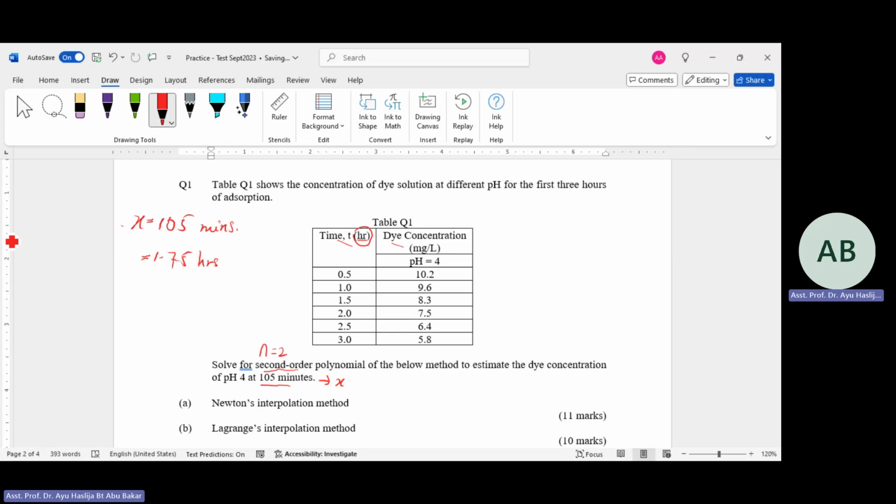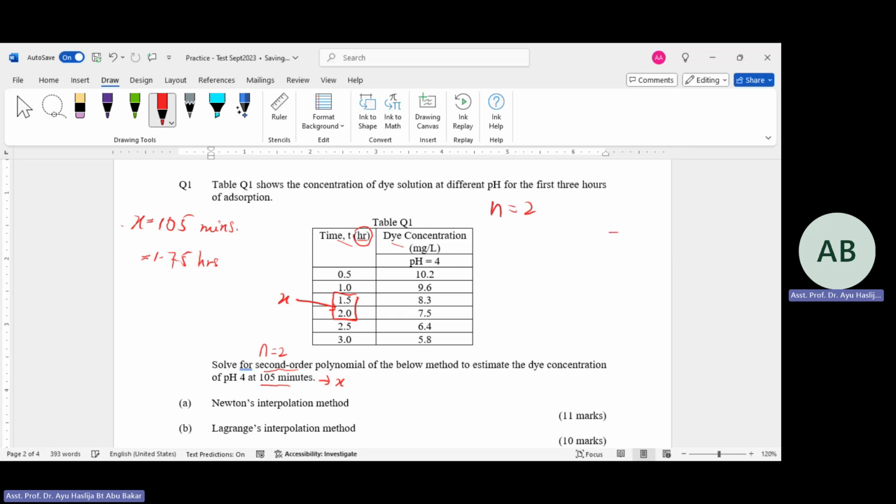Okay, so your x falls within this region, 1.75. Second order. Okay, n equals 2.